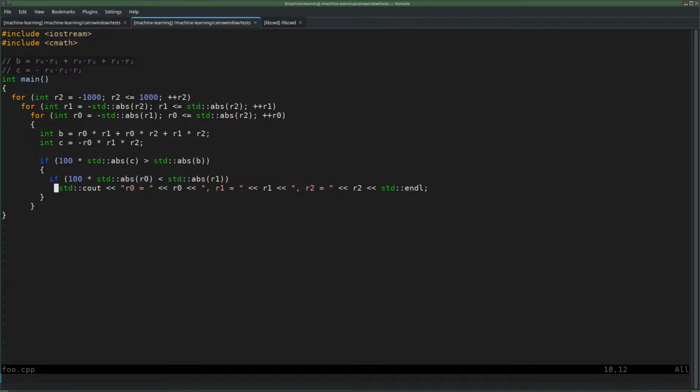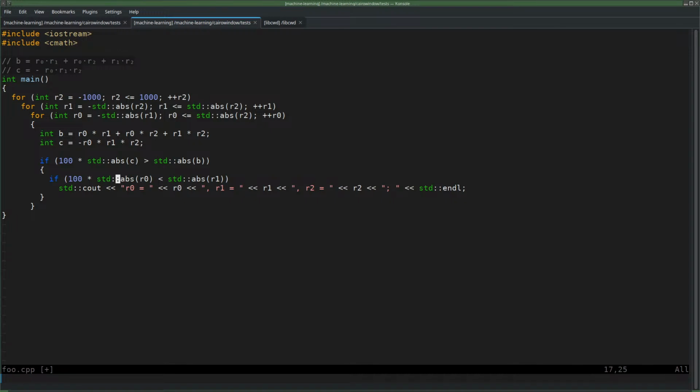Let's print that too. Not this, I mean, right?